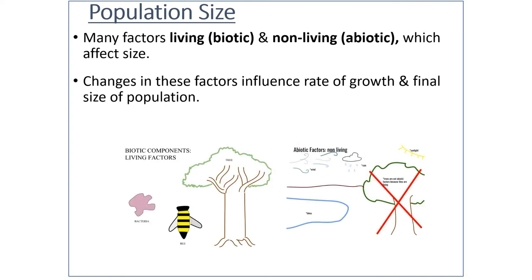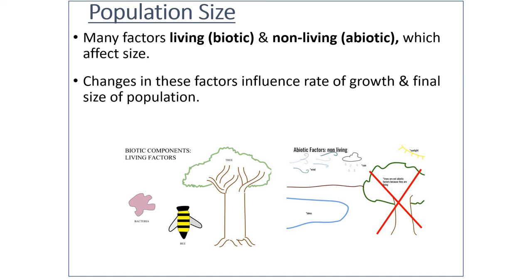So many factors, like living or biotic factors and non-living abiotic factors, affect population size, and it's changes in these factors which influence the rate of growth and the final size of the population. Biotic factors could be other species like bacteria and bees, competition between the same species, predation, or a disease or pathogen spreading through the population.